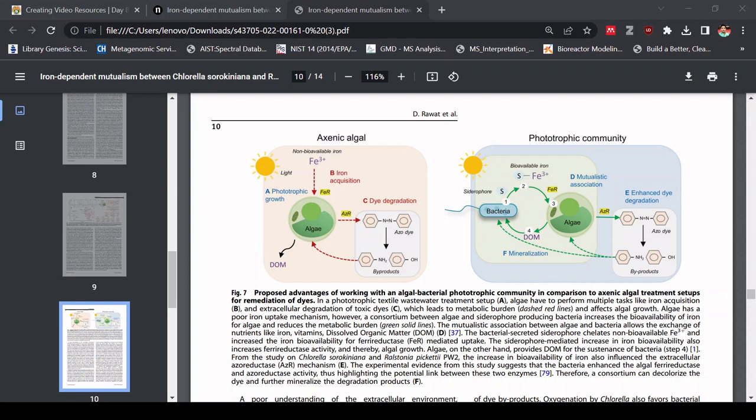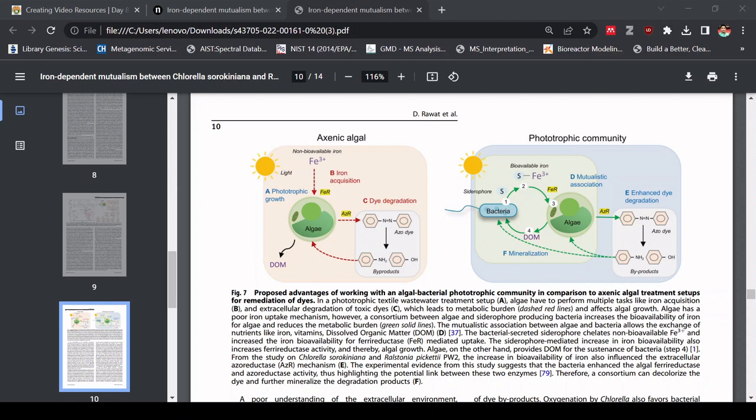And the second stress will be the chemical that we have in the wastewater. When we talk about textile wastewater, we have synthetic dyes, and the most common among those dyes are the azo dyes. When algae try to clean, treat or degrade that azo dye, they are again facing a lot of stress, because first of all they have to get a nutrient like iron from the environment, and if iron is low, the growth of algae will be low, and if the growth of algae is low, they will not be able to degrade our pollutant.